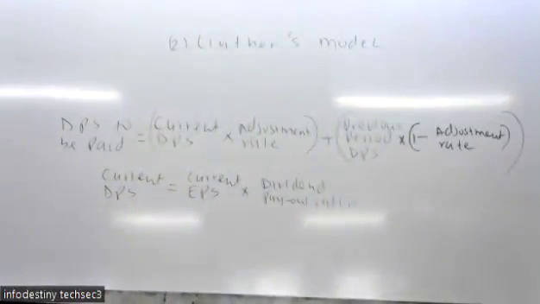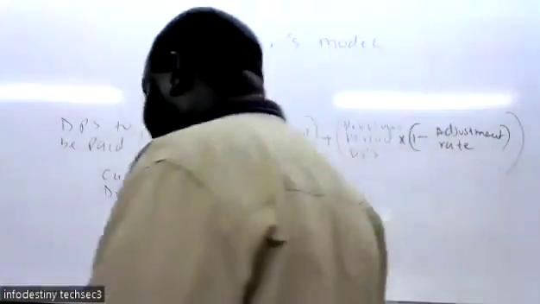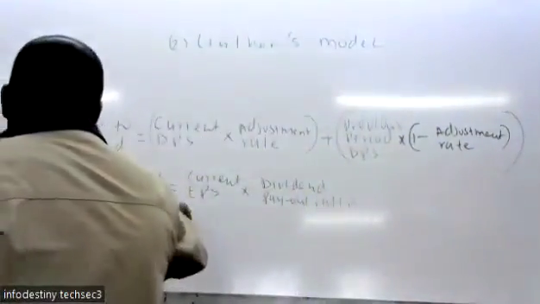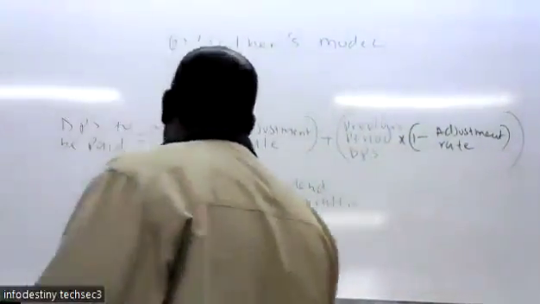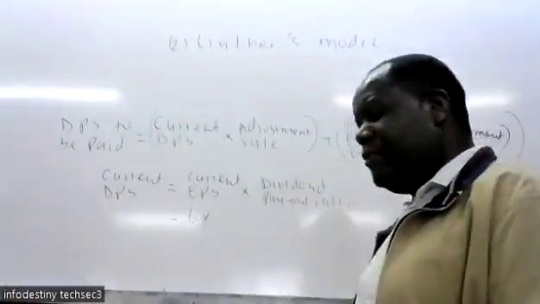So when you want to compute the current dividend per share, simply take the current earning per share multiplied by the dividend payout ratio. The current earning per share is the one for 2016, which was 6, multiplied by the dividend payout ratio.